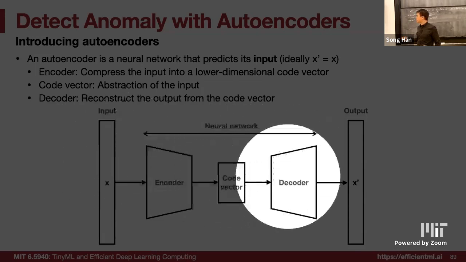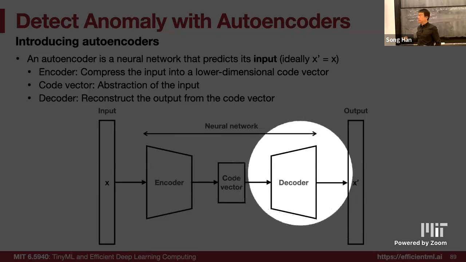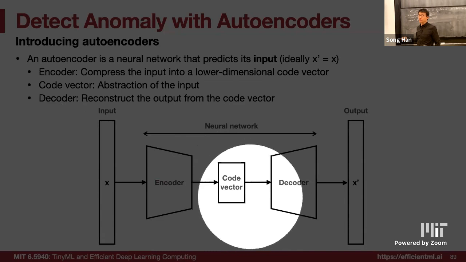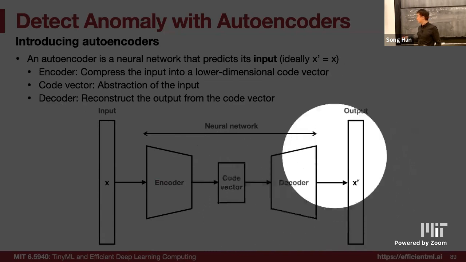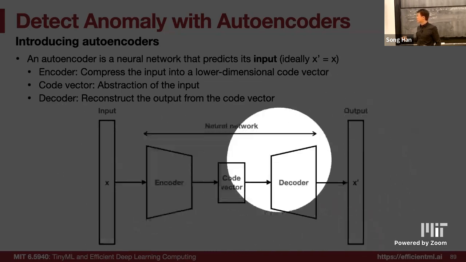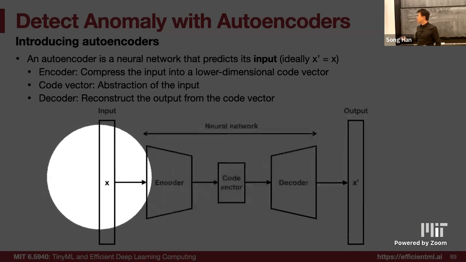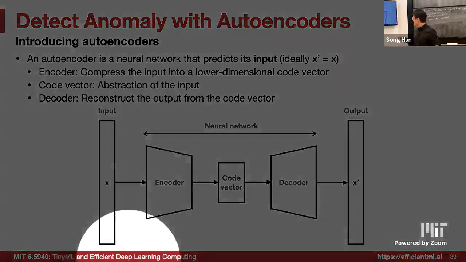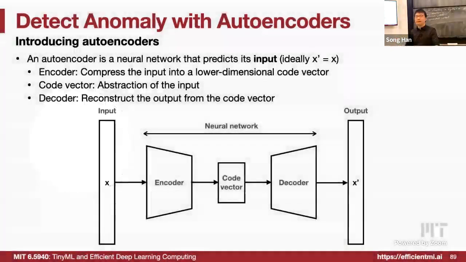Finally we pass it through a trained decoder. The decoder takes this low-dimensional vector as input and tries to reconstruct the output to be the same as the input. So that's the structure of an autoencoder to predict the input. Ideally, x hat should be the same as x.